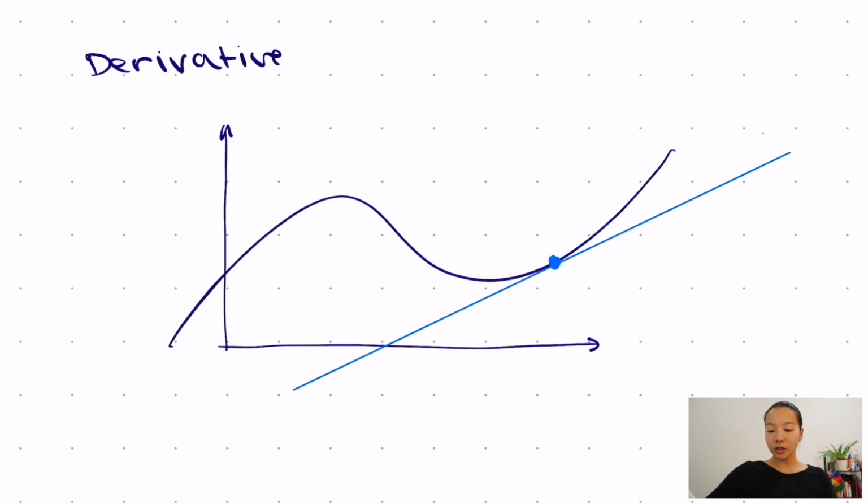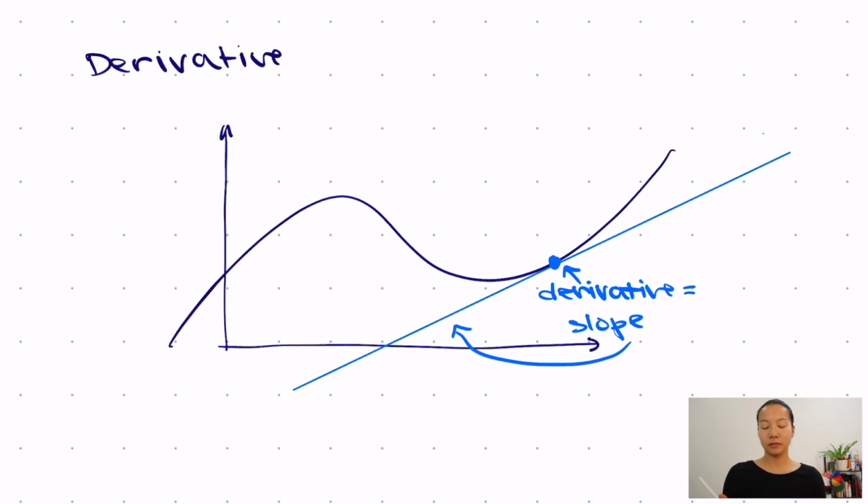Essentially what they're trying to argue is that the derivative at this specific point is actually equal to the slope of this line. It looks like it could be 3/5 or something, right? And then maybe the curve over here, let me do that in a different color.